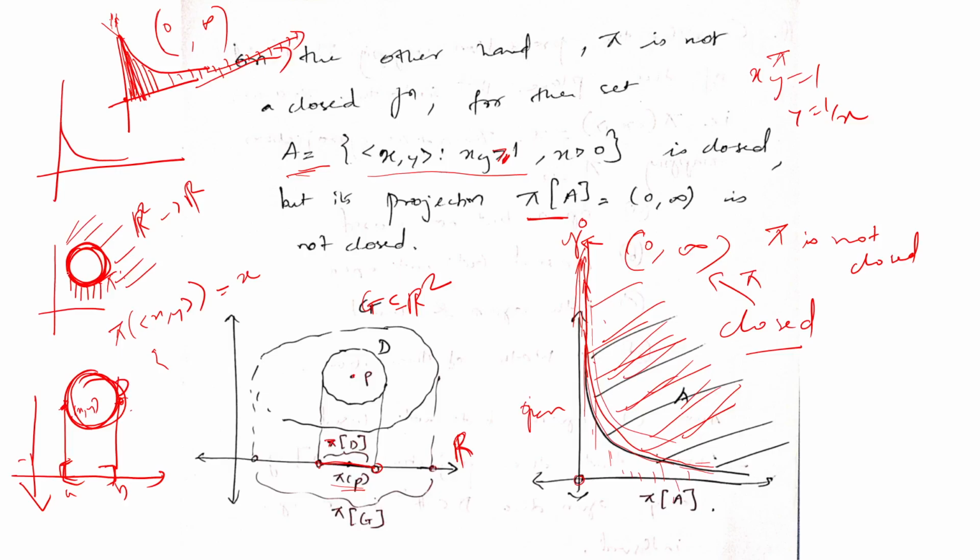Now, if you are taking its projection on this real line, what will it be? It will contain all these points, so it will contain the whole interval AB.